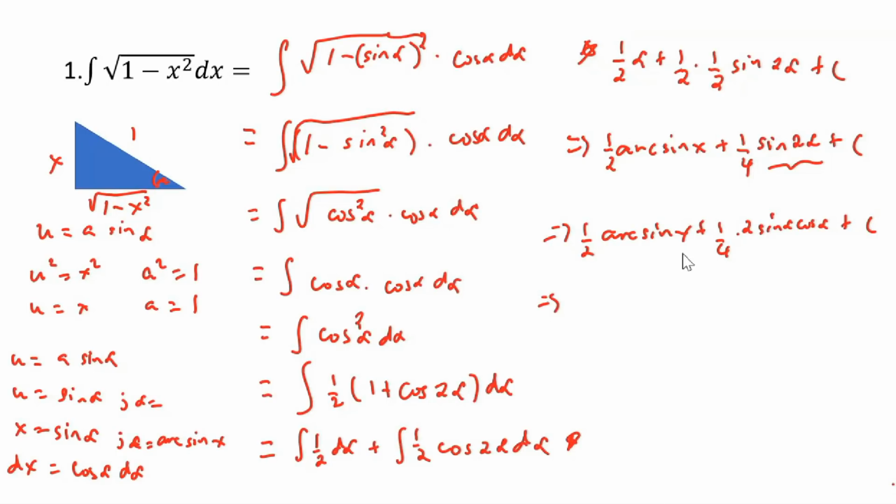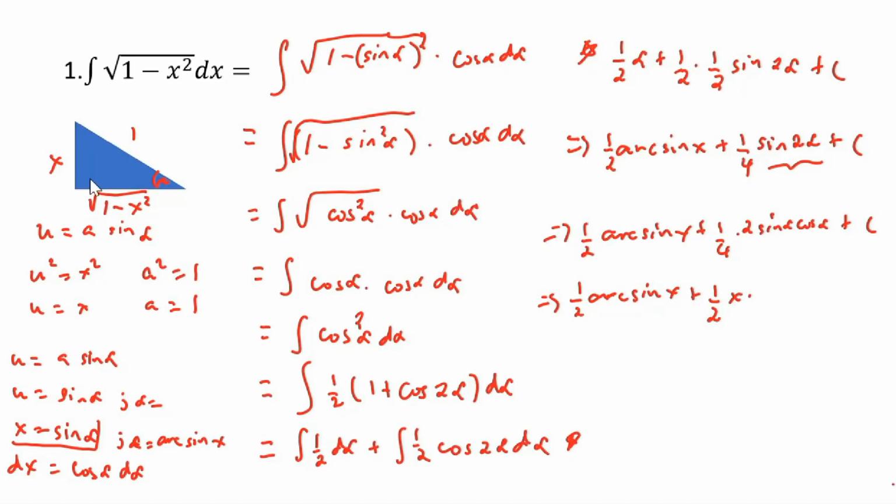So the first term is 1/2 of arc sine of x plus 1/4 times 2 is 1/2. And we have x equal to sine alpha. So instead of writing sine alpha, I will now write x, times the meaning of cosine alpha.